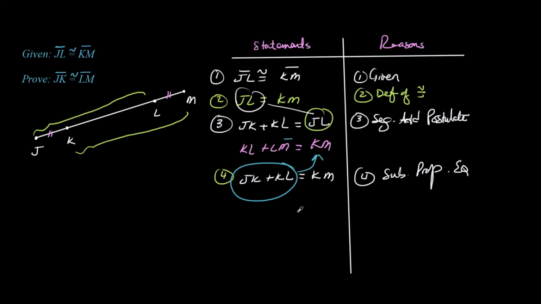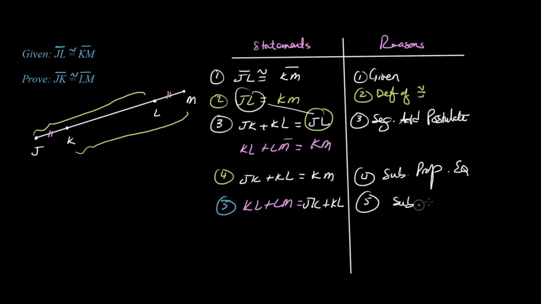Either one will work, because of either the substitution property or the transitive property. I could say that KL plus LM is equal to JK plus KL. So let me just write here substitution property of equality. All right, so I got this.